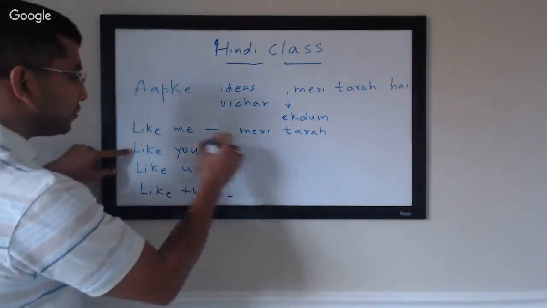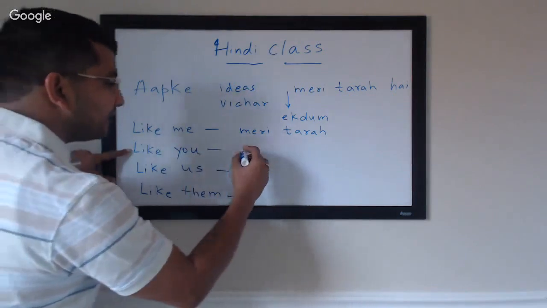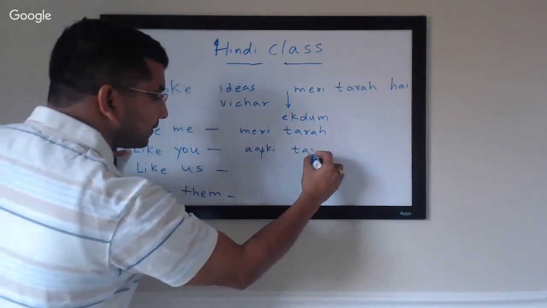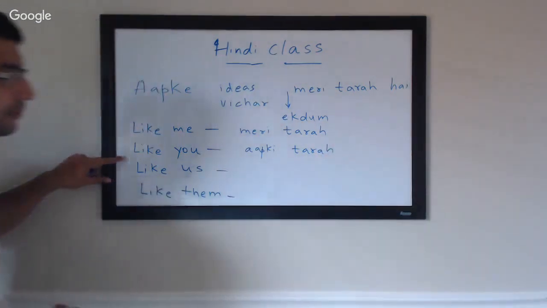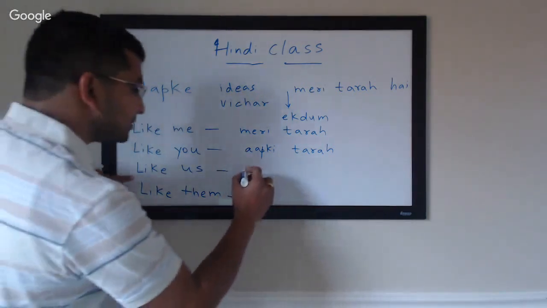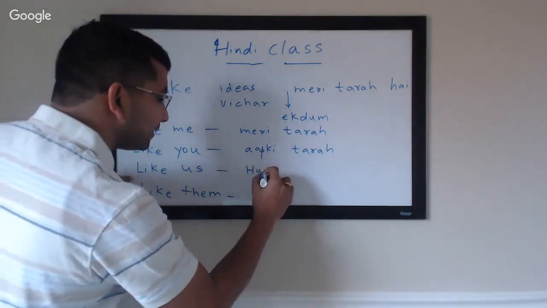Okay. So the first one is like you, right? So when you say like me, it is मेरी तरह, like you is आपकी तरह. So when a sentence is like, the boy looks like you, you can really use it. वह लड़का आपकी तरह लगता है. Right? Like us is हमारी तरह.